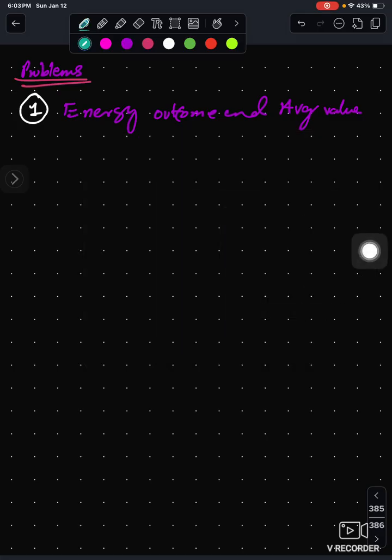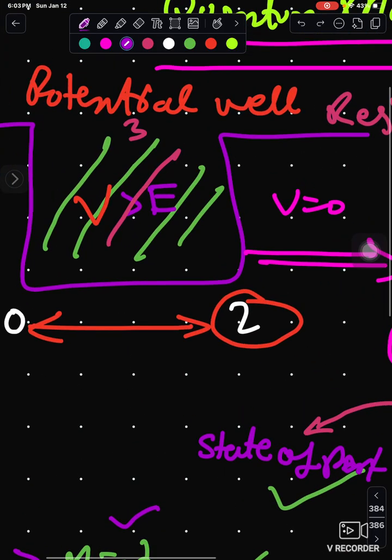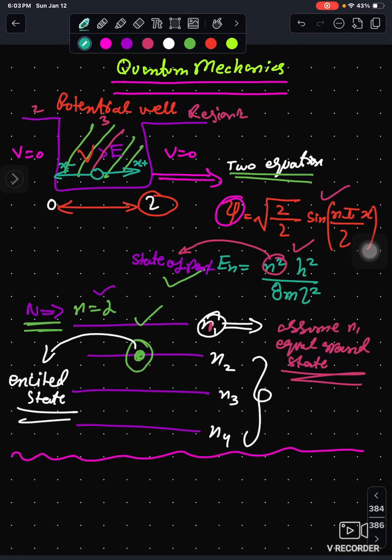The question is: the state of a particle of mass m in a one dimensional rigid box. Important here is that these two equations are one dimensional. We're talking about a particle in this potential well, moving either along the positive x-axis or the negative x-axis, so it's either moving left or right.